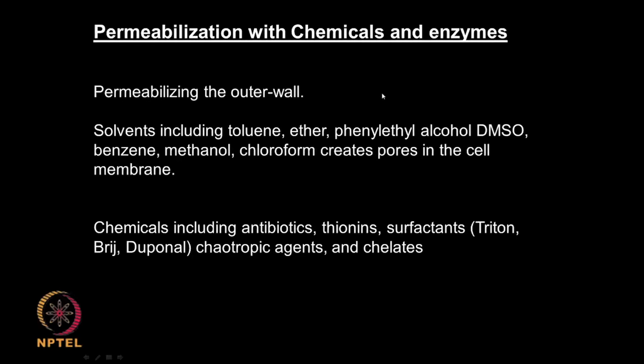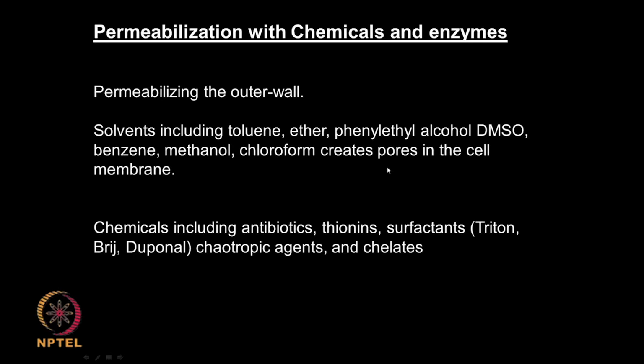Permeabilization with chemicals, you can use chemicals, solvents like ether, toluene, phenyl, ethyl alcohol, DMSO, or chemicals like thionins, antibiotics, chaotropic agents, chelating agents, surfactants like Triton. So, all these can be used to sort of dissolve the cell wall or completely make the cell wall porous.